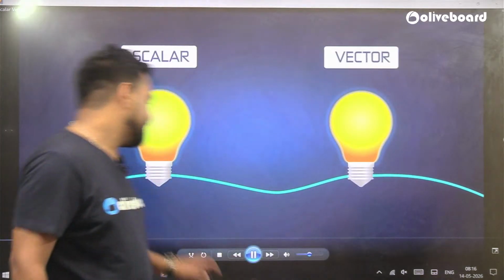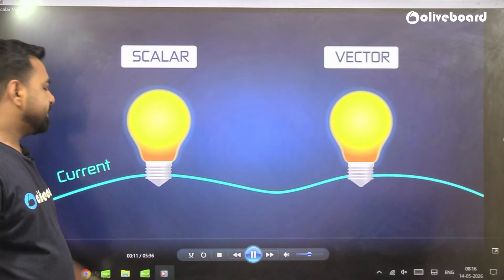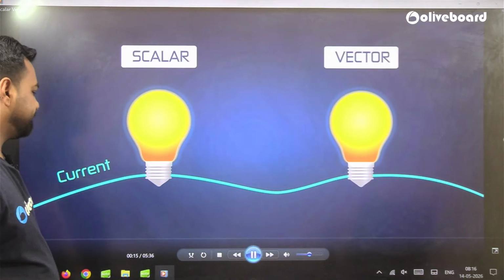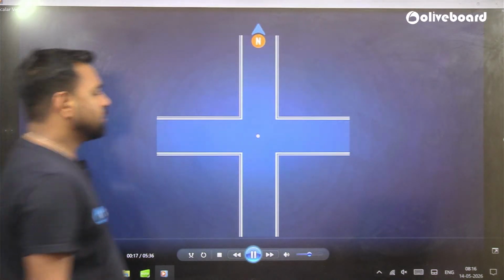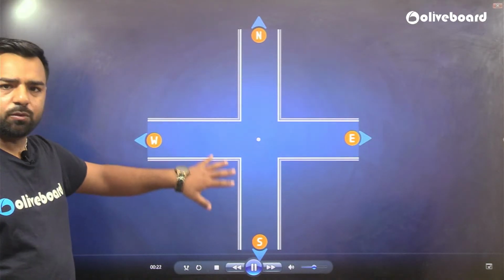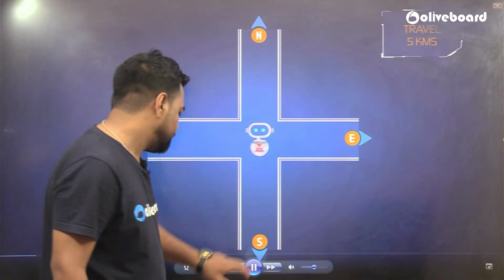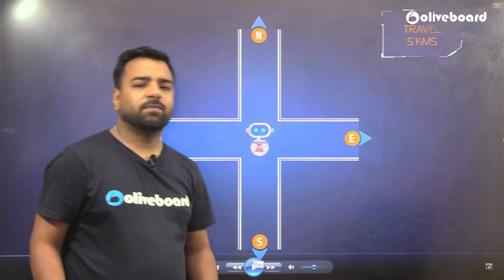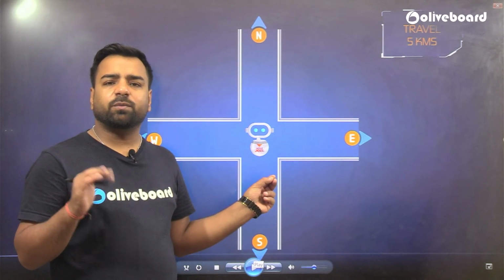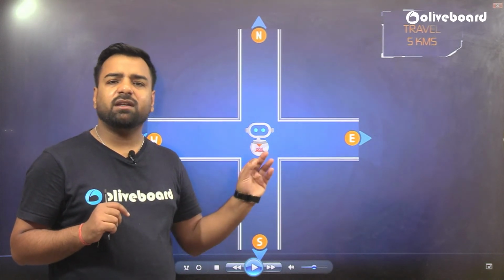So let's start. See guys, scalar or vector, that's the question I've already asked. So proceeding further, let us say there's a robot that is standing on this part. Now my question is, if I tell the robot that you have to come 5 kilometers, will it be able to move here?